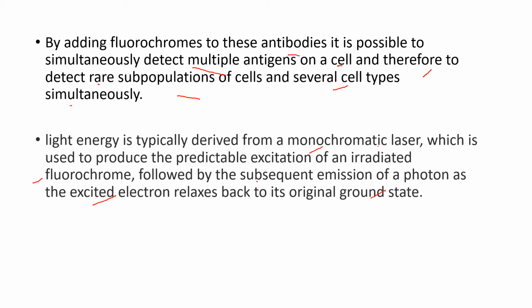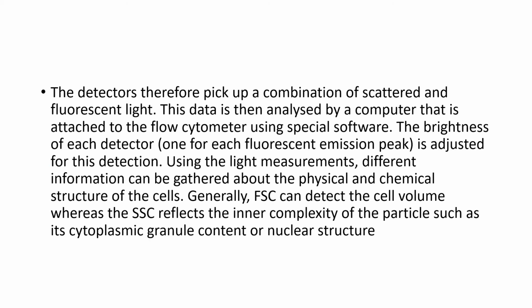That photon is also detected on the detector. The detectors therefore pick up a combination of scattered and fluorescent lights, because three kinds of lights are emitted: forward scattered, side scattered and fluorescent lights. This data is then analyzed by computer.